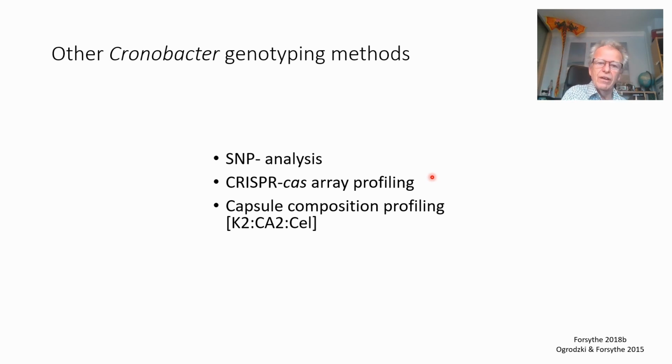Looking at things like the CRISPR-Cas array is highly informative, and we've got papers on that outside the scope of this. Looking at the capsule genes, again, what we found is very, very unique, almost unique to ST4, is it has a very special capsule composition of the K antigen to cholinergic acid version 2, and it produces cellulose as well. But that's outside the scope of this video.